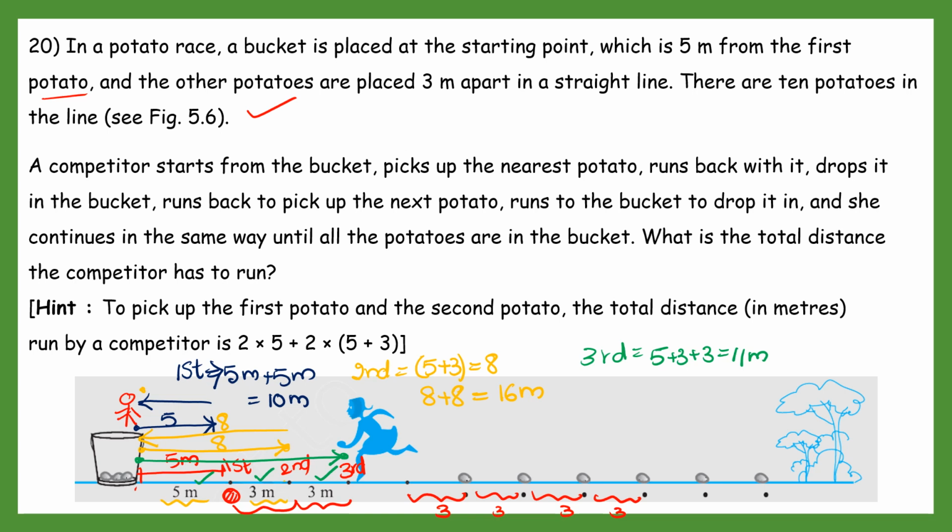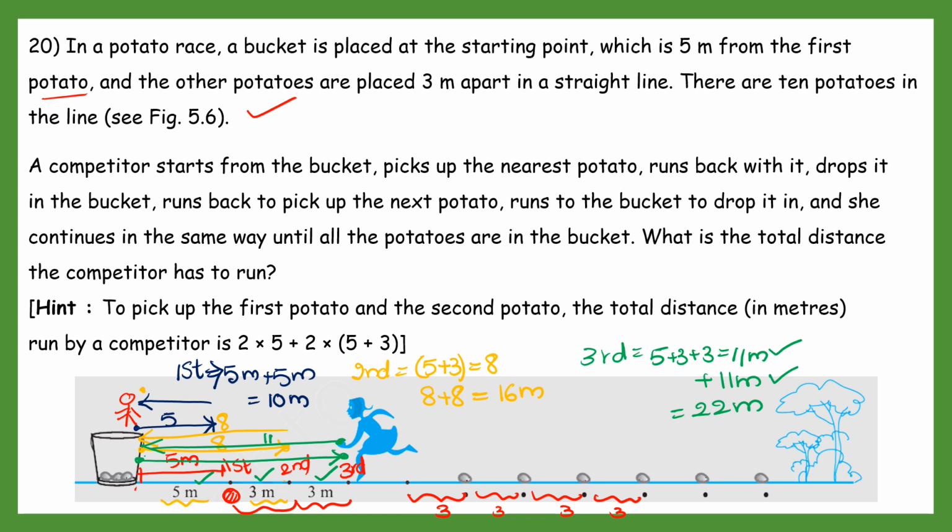She should pick the potato and go back from the third potato to the bucket. That means she should travel 11 meters again. So 11 plus 11: 11 meters to pick the potato, another 11 meters to place it in the bucket. So the total is 22 meters.